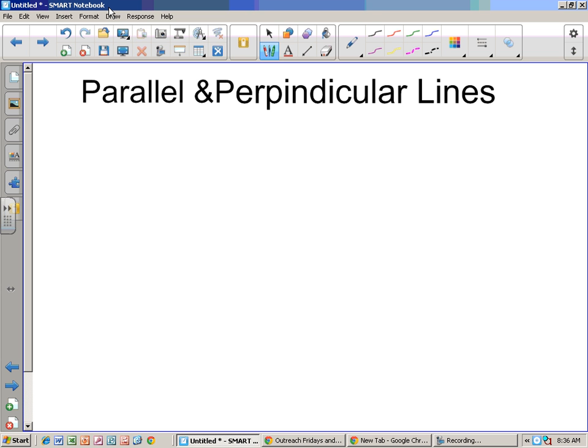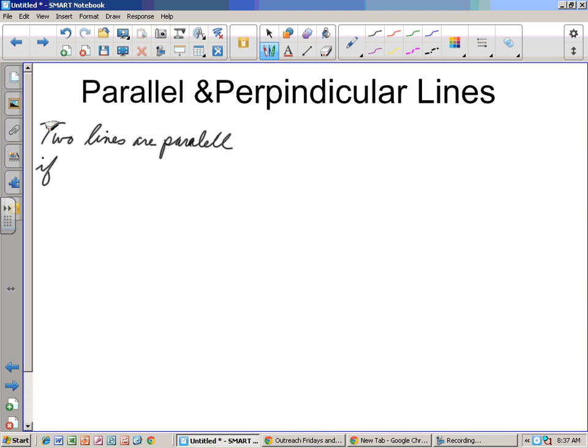So parallel and perpendicular lines. Let's start off by defining these. Two lines are parallel if what? Let's put it this way.